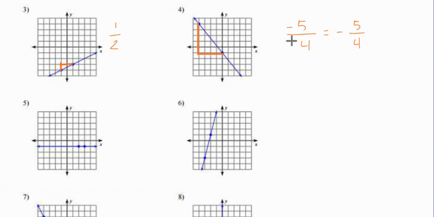And also, maybe when you see this, you think, well, that can be simplified, right? This is an improper fraction. So this could be simplified to -1 1/4. And for the sake of finding the slope of a graph, when we're given a graph of a line, you want to leave it as improper. You want to leave this as -5/4.